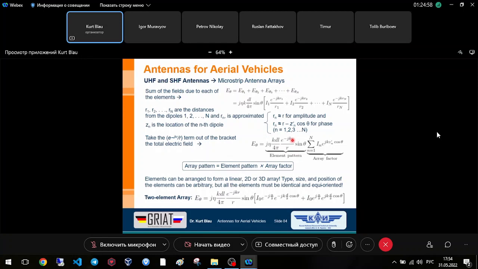What we find in this bracket, the sum of these currents together with this angle function, is called our array factor.